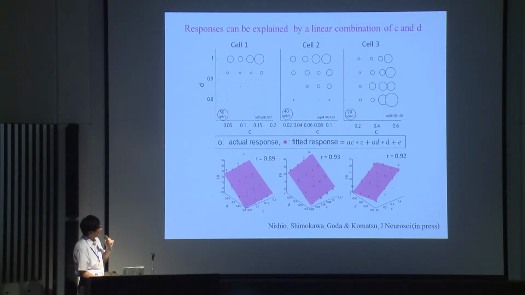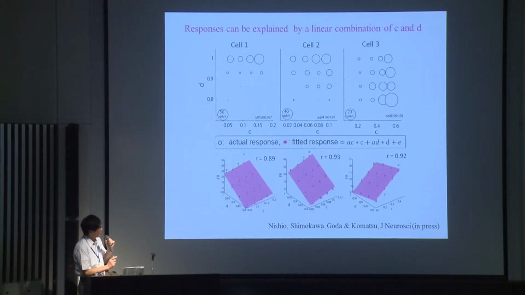Most of the neurons are pretty well fitted by this equation. And from this fitting plane, we can determine quantitatively the tuning direction of each neuron as the direction of maximum slope of this fitted plane.